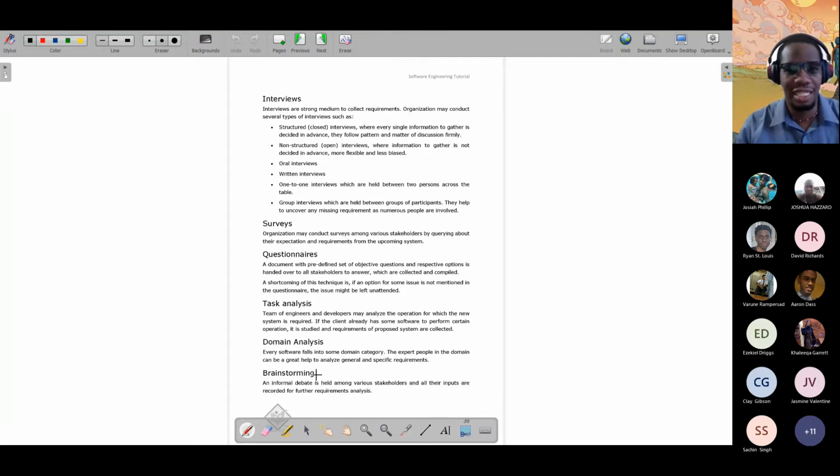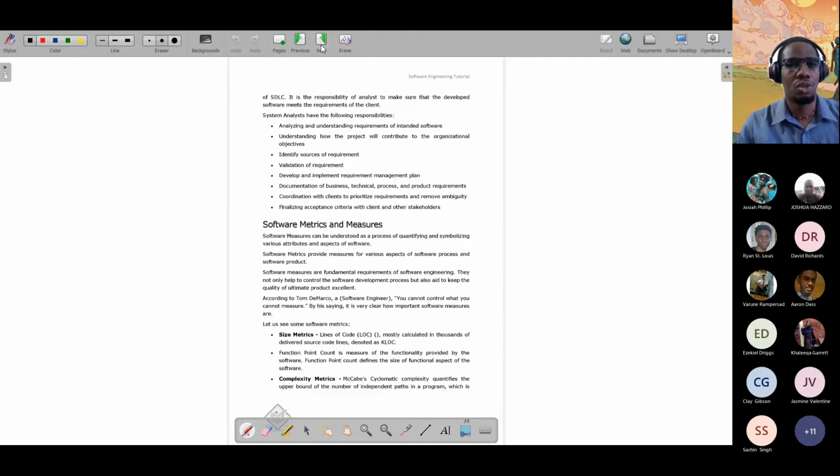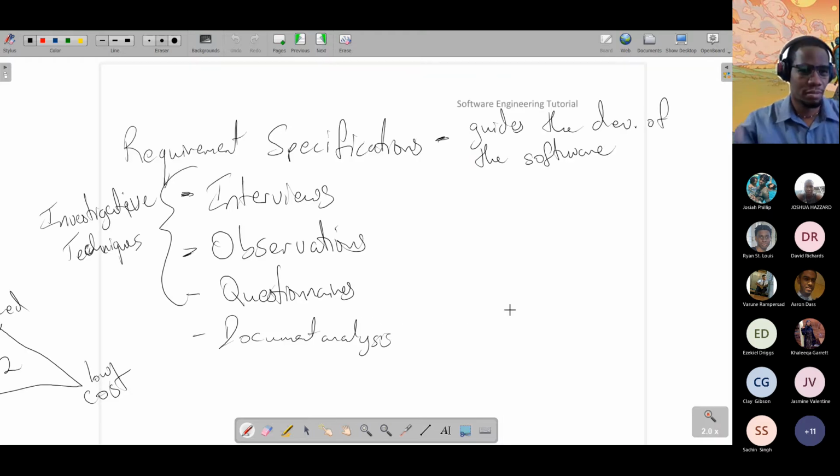You do domain analysis, so you might watch other software that is similar to the software that you need to create for this particular use case. You might have focus groups, brainstorming, you might do some sort of prototyping, etc. So there are other methods for investigating.